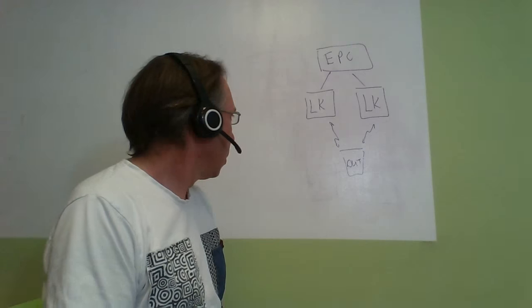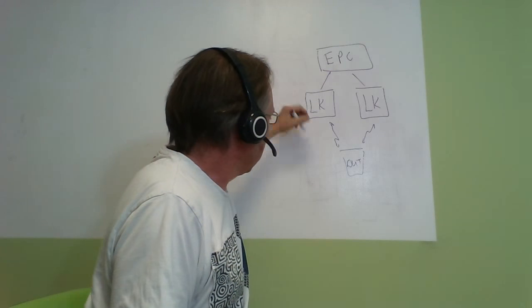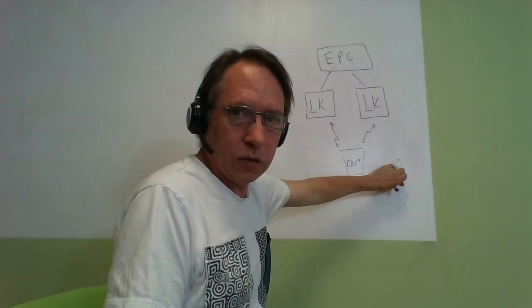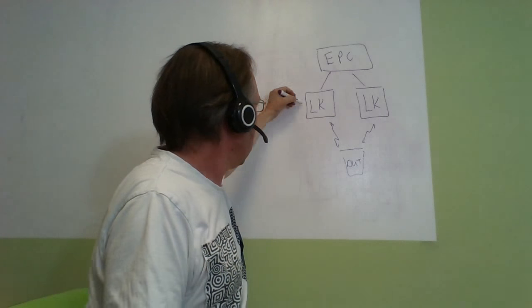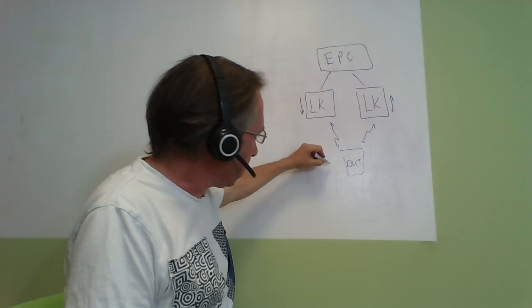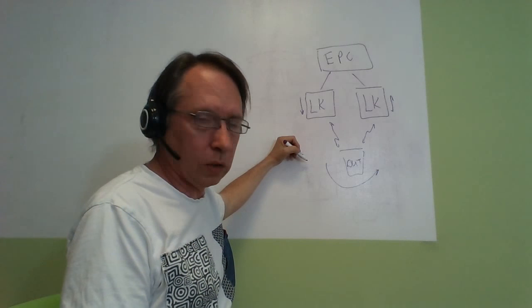So by altering the transmit power of the two LabKits, you can simulate the movement of the device under test from the coverage area of one cell into the coverage area of the other. So if I lower the power on this one and raise the power on this one, that's like the device under test physically moving from one cell to another.